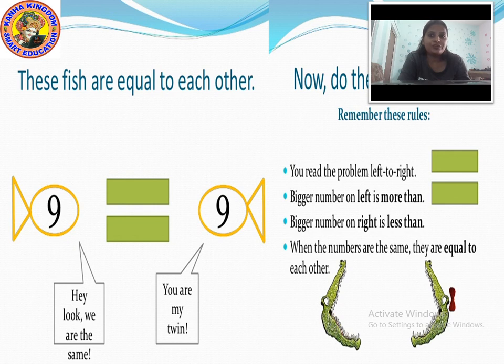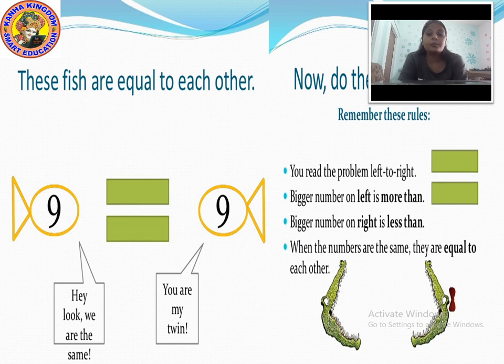There are two fish, one on the right hand side and one on the left hand side, and both fish are number 9. So what we'll see is that these both fish are equal to each other.